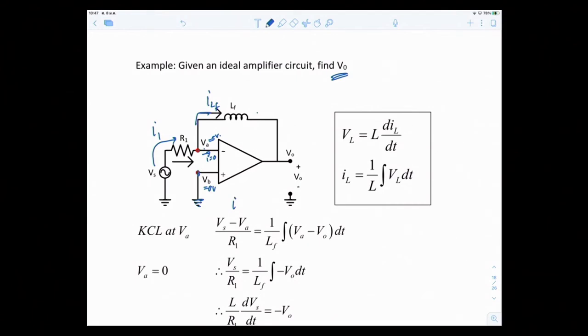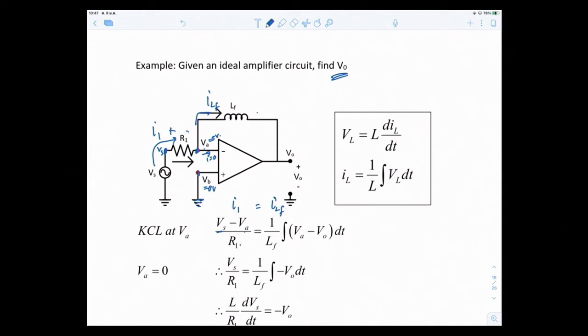This is I1 equal to ILF, like this, KCL at A. Now, what is the current across R1? It's the voltage drop across R1 over R1. The voltage drop across R1 is the potential difference between this point, positive, and subtract the potential at this point, negative. So this is Vs minus VA divided by R1.